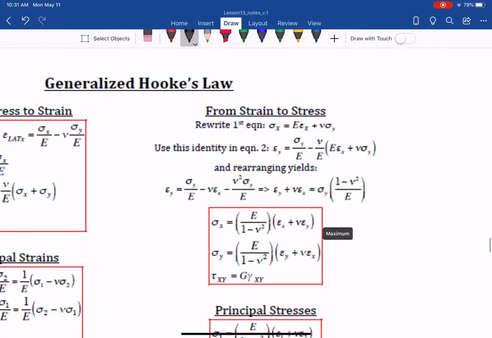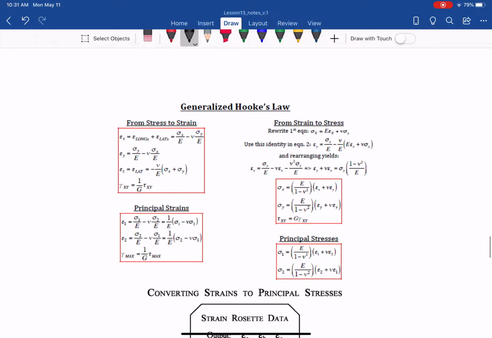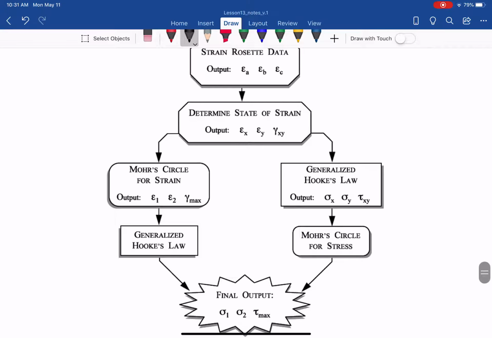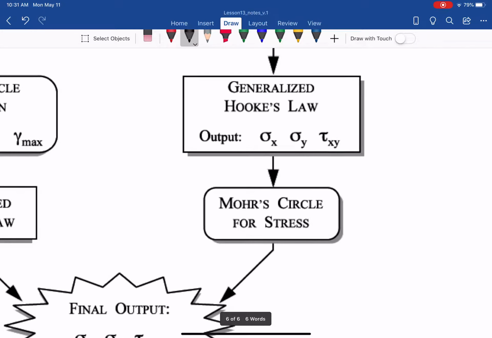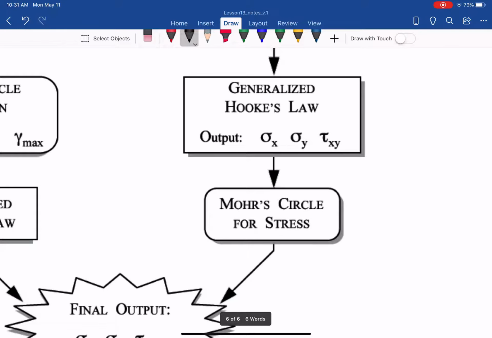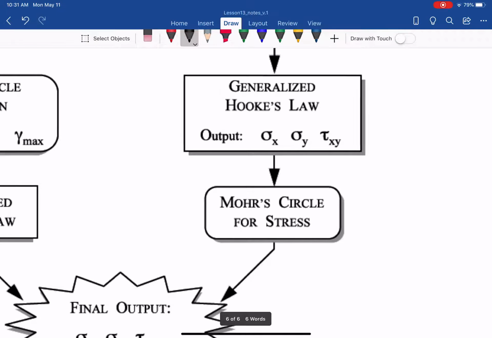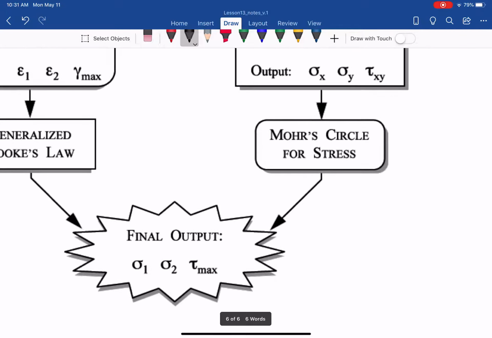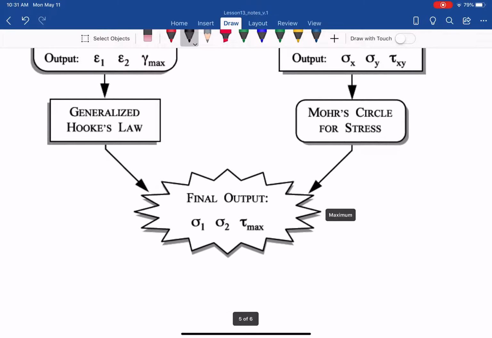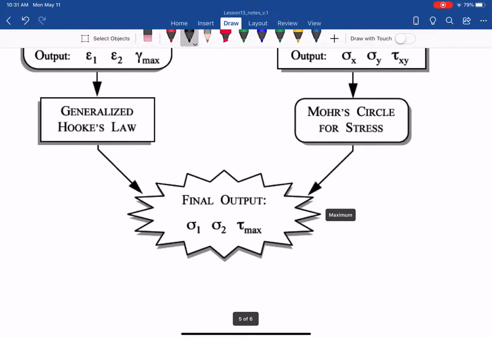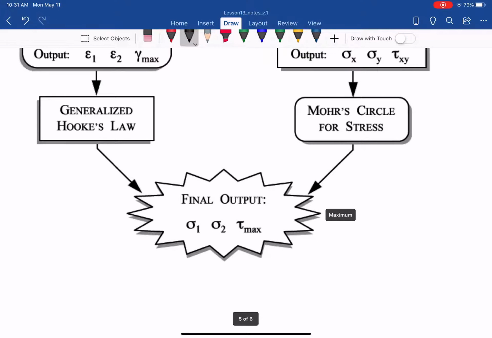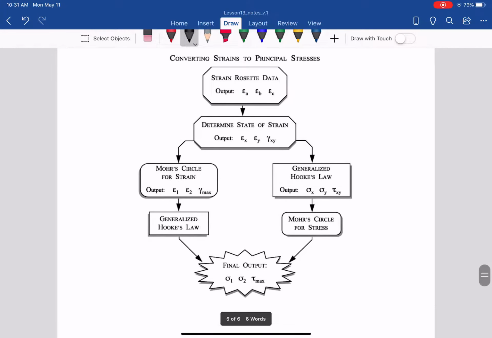And when you have those three, apply the Mohr circle for stress. You can draw the Mohr circle for stress here, and that goes back to the previous lesson, how to draw the Mohr circle for stress. And then from the Mohr circle for stress, we can find sigma 1, sigma 2, and tau max directly from that Mohr circle. So there are two ways that you can find out.